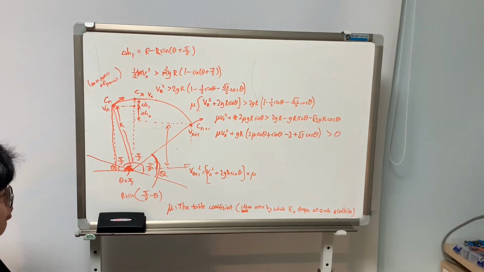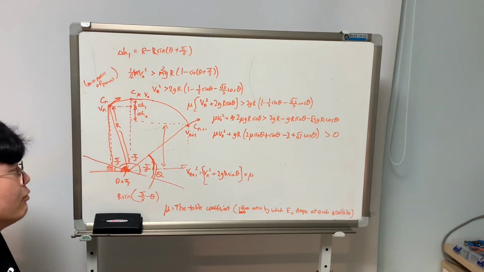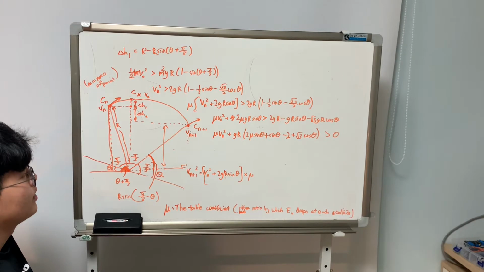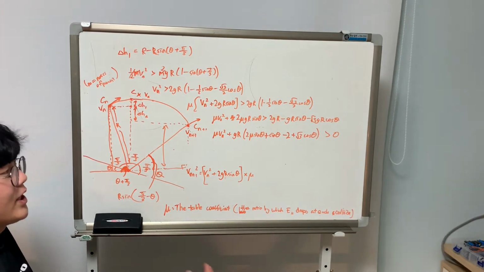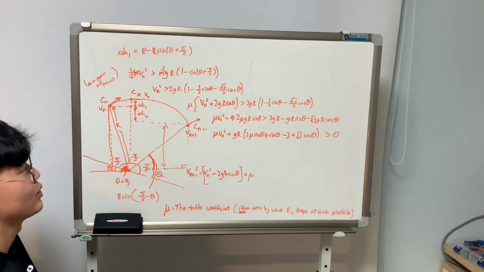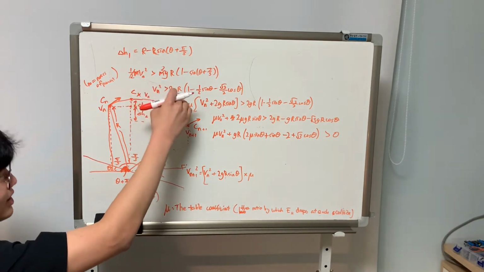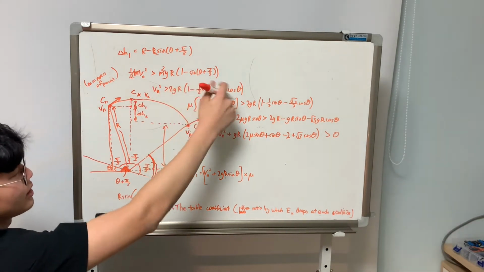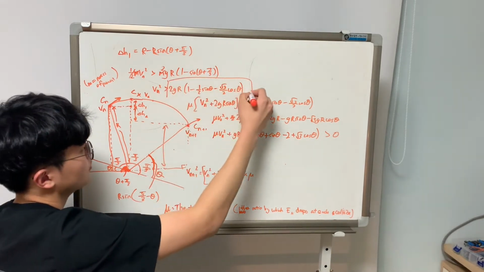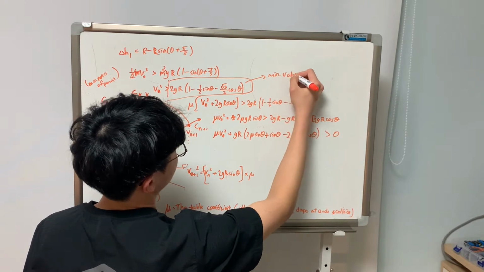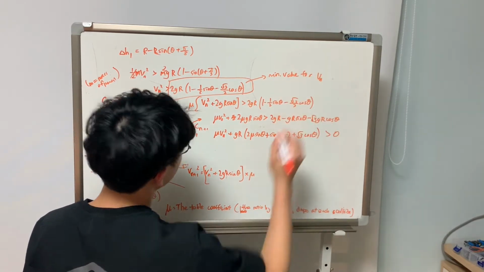We could assume in the question that Vn is the minimum push width. So let's say Vn must at least be 2gr times 1 minus all that. This here is the minimum value for Vn, right?